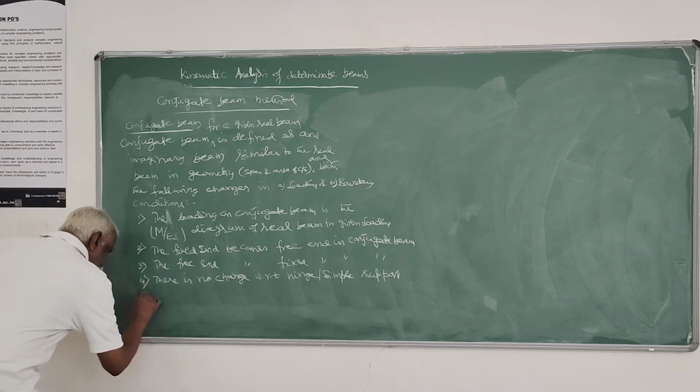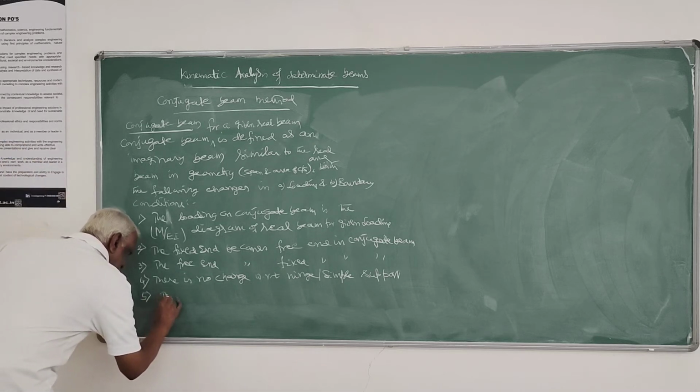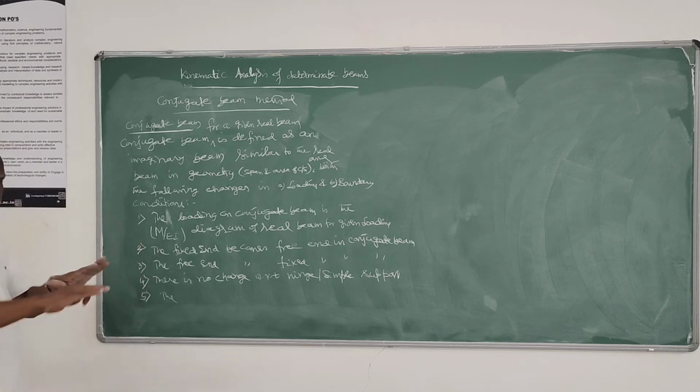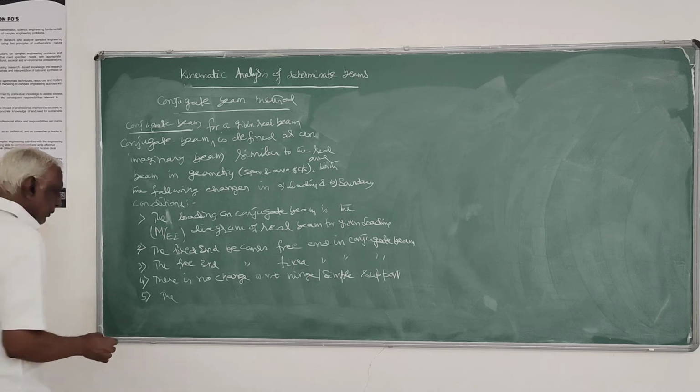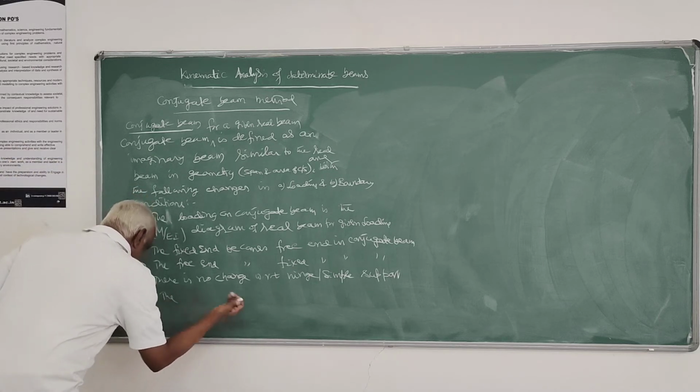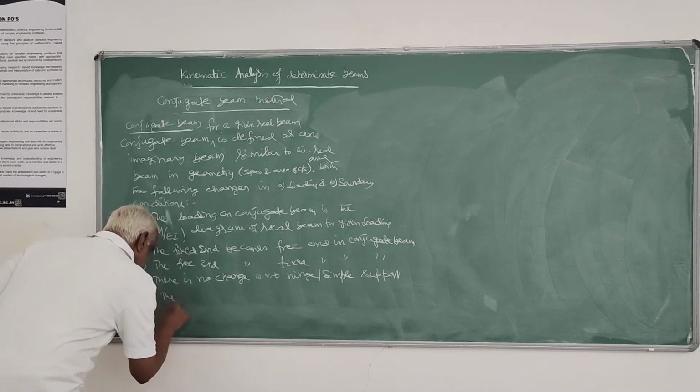And this also you can take. The continuous end, because we don't have a continuous end except in an overhang. That overhang portion's continuous end, you can take, that's all. Of course, this kind of problem rarely occurs. You forget it, only cantilever end, simply supported. But overhang also is there, so you can take this.